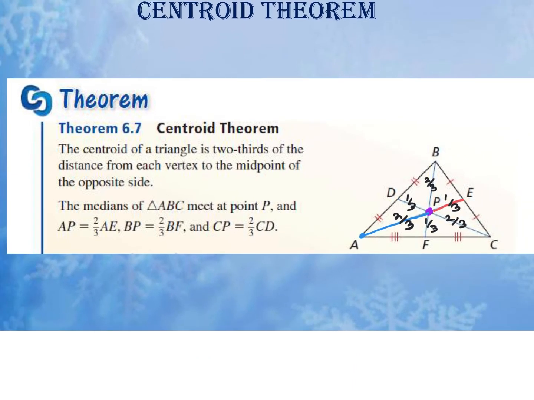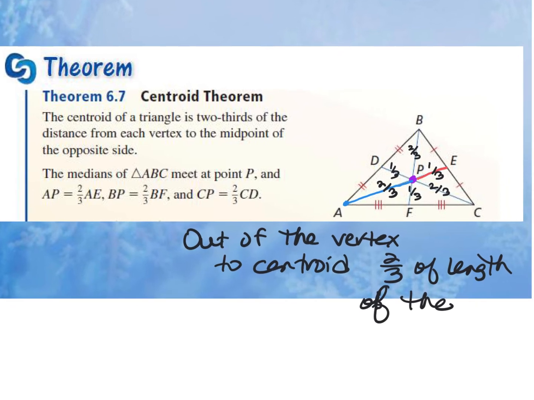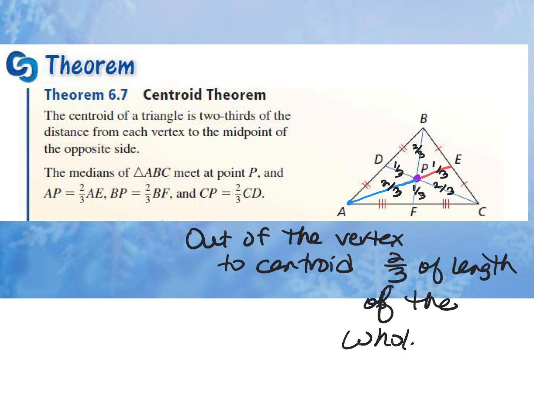So again, just to recap, when we come out of the vertex to the centroid, that's 2/3 of the length of the whole median, and that's what the theorem states.